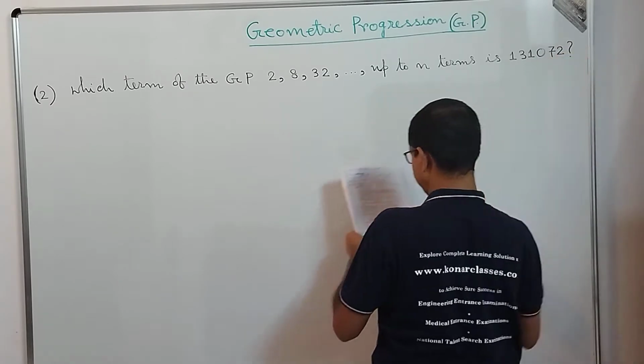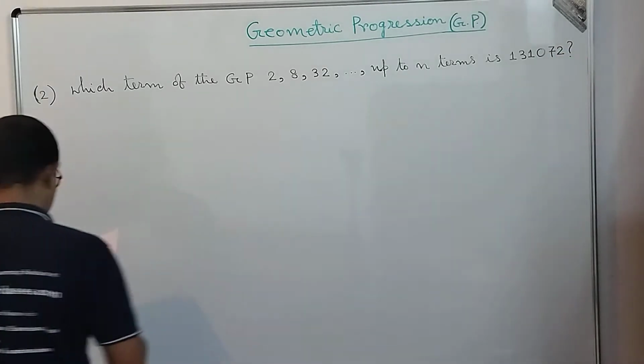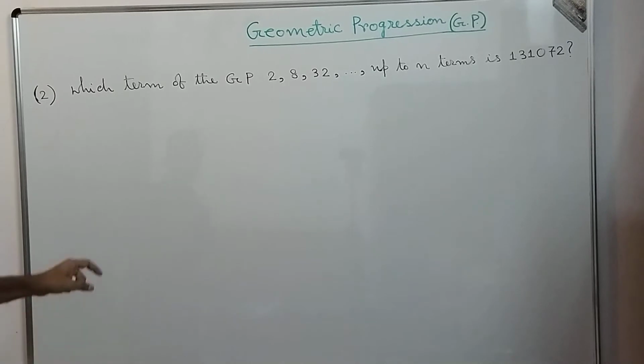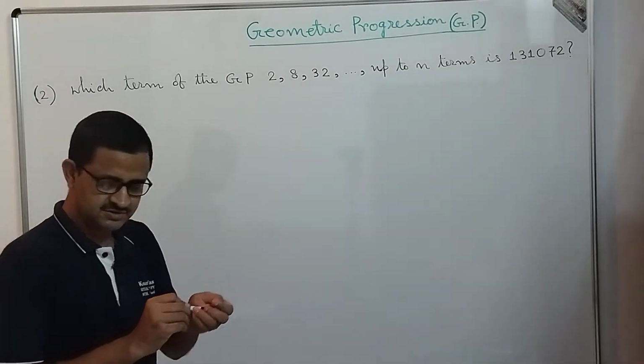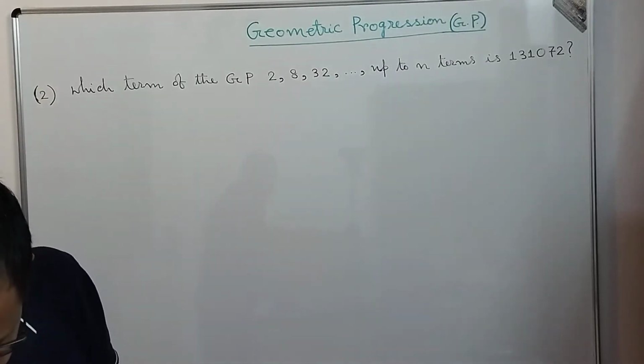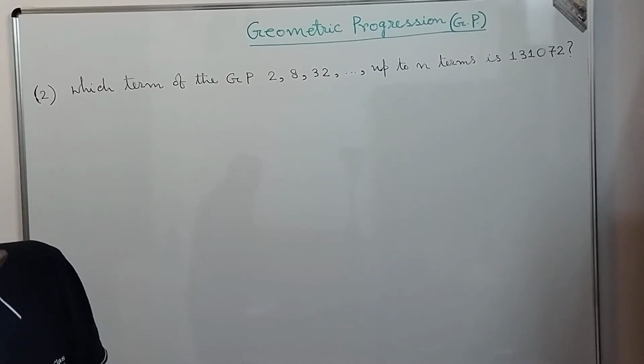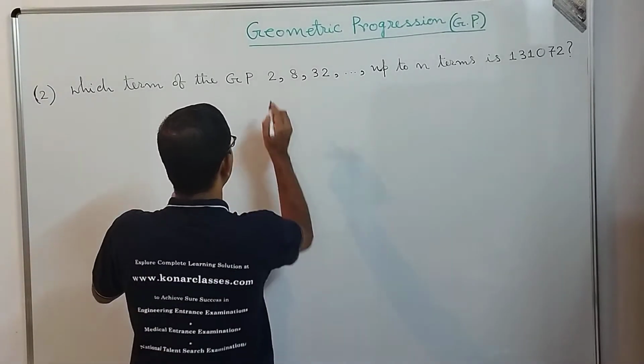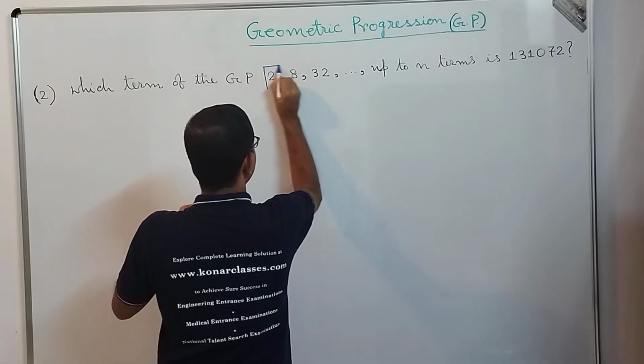This is the question. Which term of this GP, where the GP is given as 2, 8, 32, like this. This is the GP.